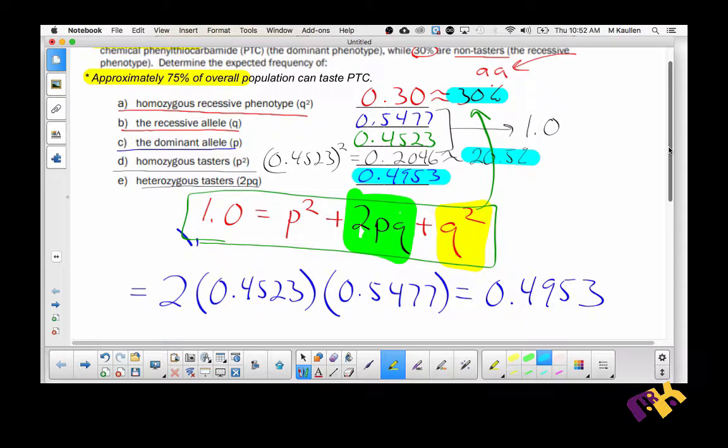So that's a quick way to double check that we've used this Hardy-Weinberg equation appropriately. What I might suggest is try this again, but go with 75% being able to taste, and then 25% not, and see how that turns out for you.